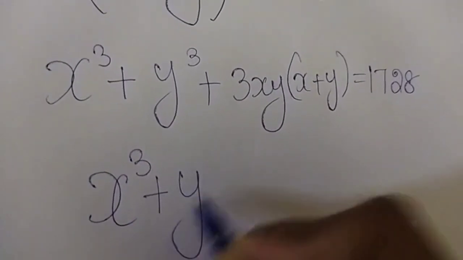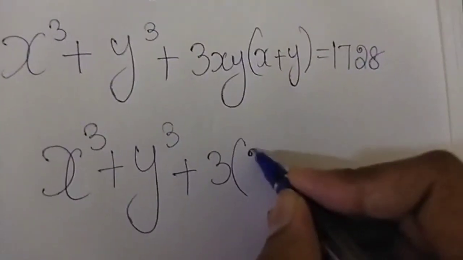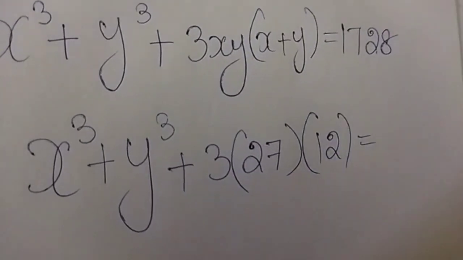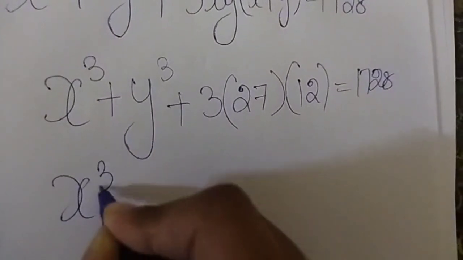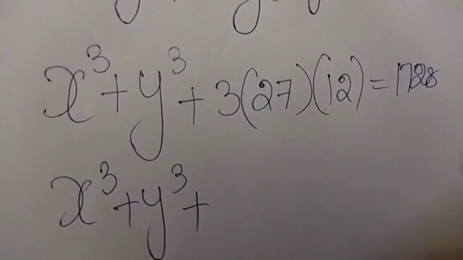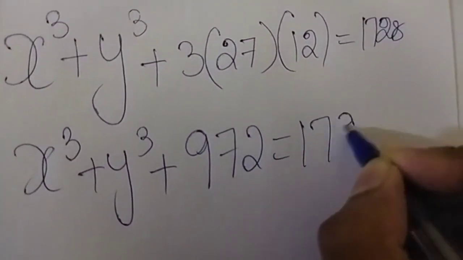x cube plus y cube plus 3 into xy, which is 27, into 12, equal to 1728. So x cube plus y cube plus, we need to multiply this. Multiplying, we get 972 is equal to 1728.